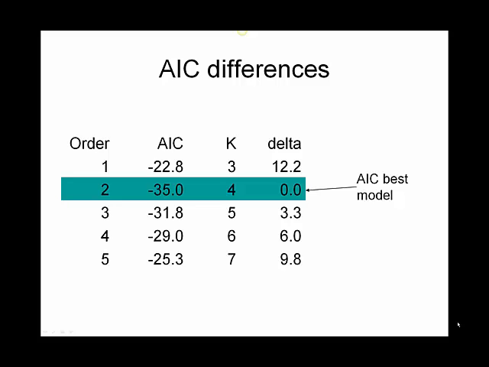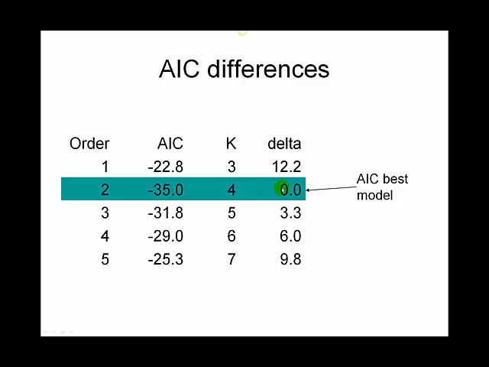So we can have a look here now at the full set. We've got our 5 models, our AIC values, which go all the way down, and our K values, which is the number of parameters that we've got. And now what we've got is another column, which is the delta AIC, which is the distance between the best model and the particular model you're interested in.